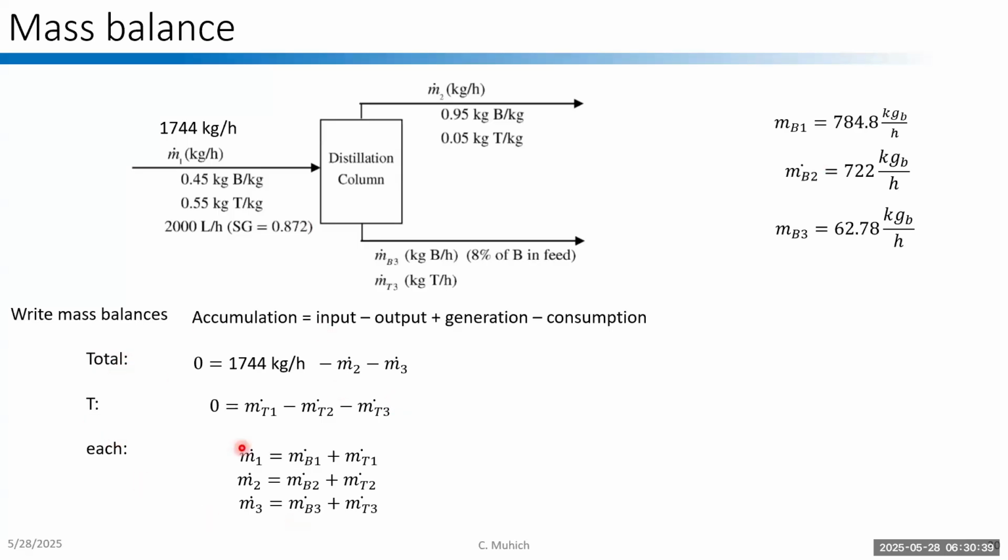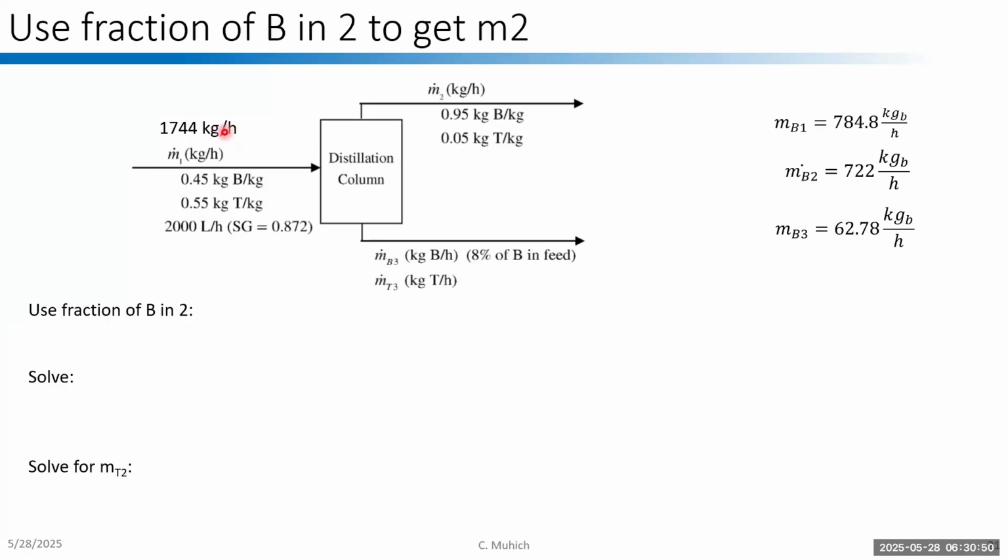So these are the equations that we have left to use, and I've got all this information sorted over here. Okay, let's use the information about B in stream 2 in order to get this M2.